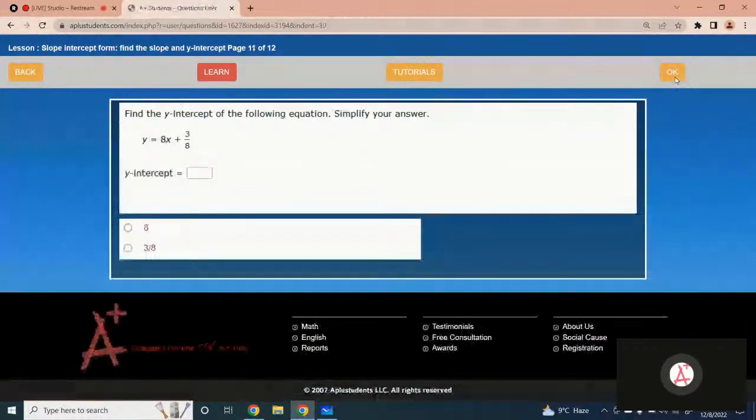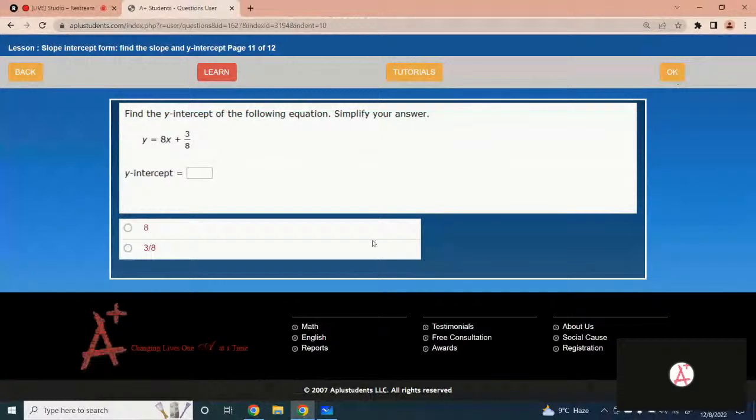Okay, find the y-intercept of the following equation. Simplify your answer. So which is the correct option? If you compare the equation with the general form of the equation, that is y equals mx plus b, it would be 3 over 8.